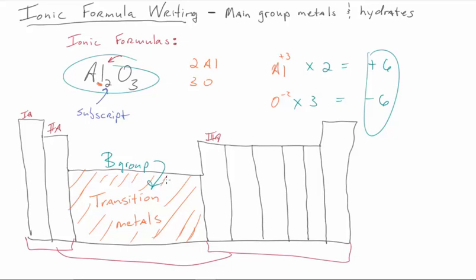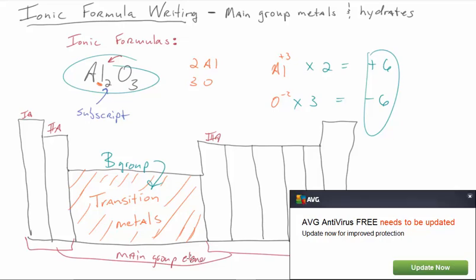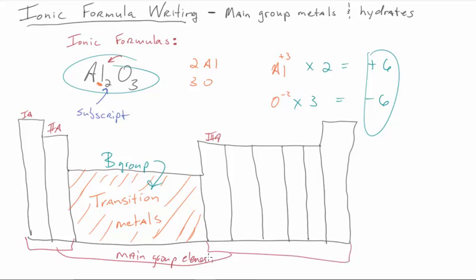Today when we're writing our formulas, we're going to specifically be using metals from our main group, our A group. The reason is that main group elements have predictable charges.